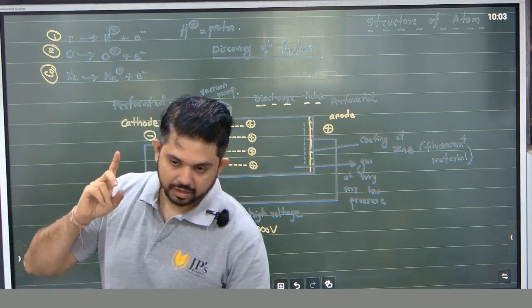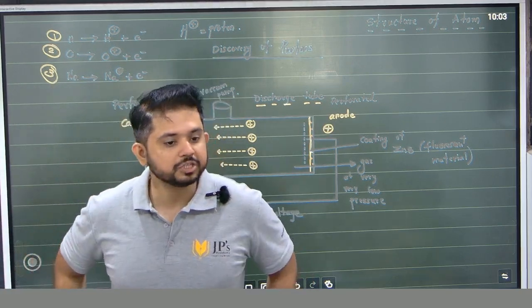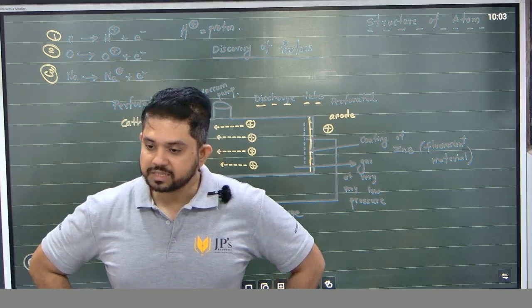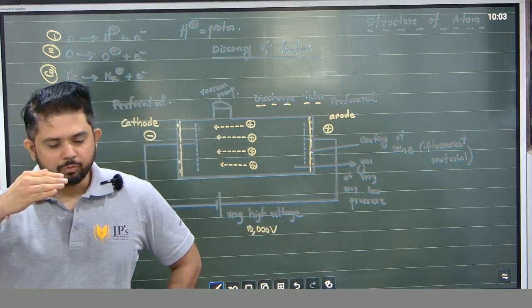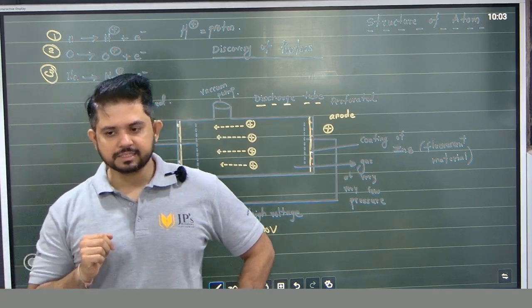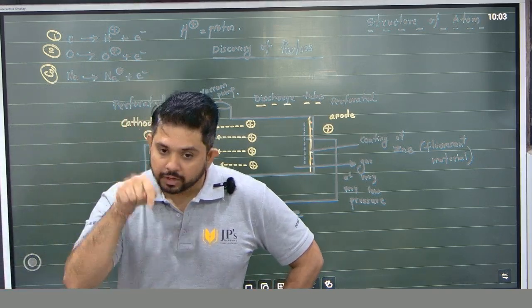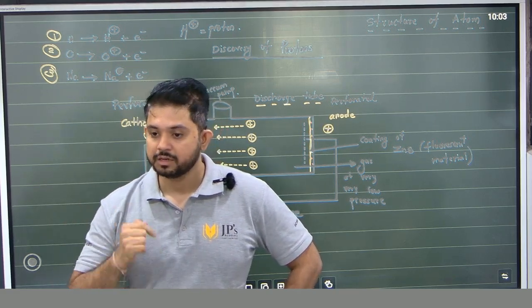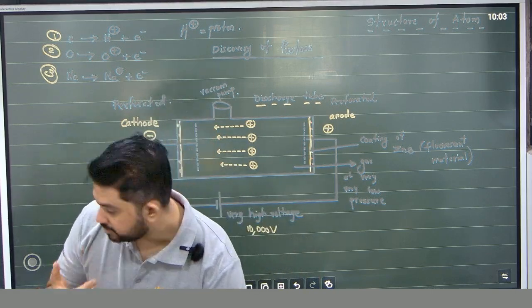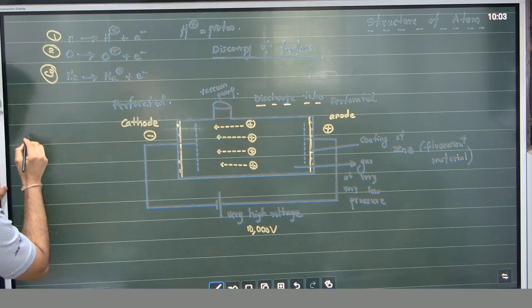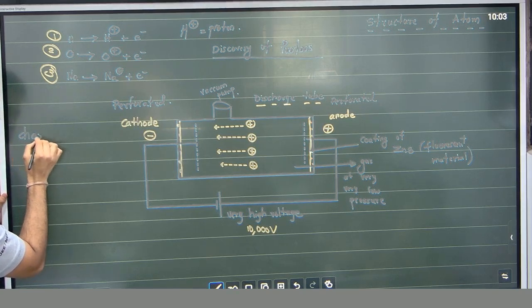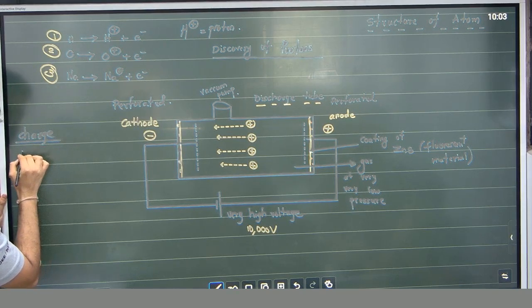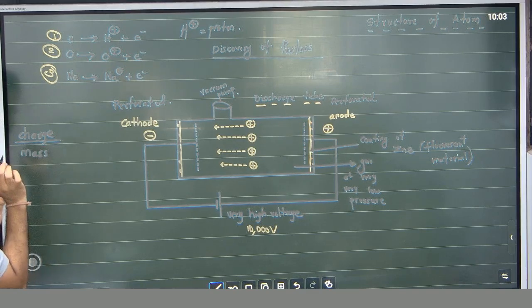In electrons, we calculated the charge to mass ratio. Was it different for different gases? No. But over here, the charge to mass ratio is different for different gases. Why? Because, I repeat, what are we calculating? Charge to mass.